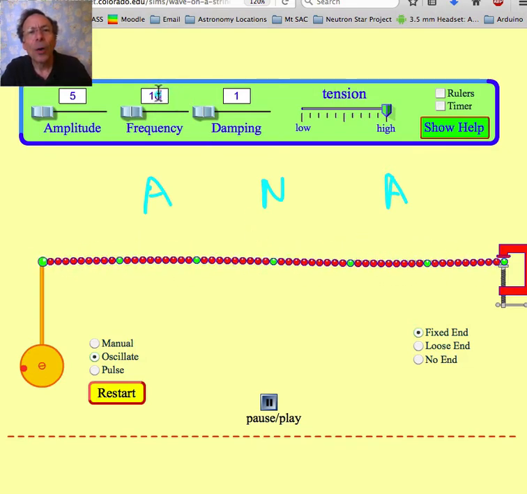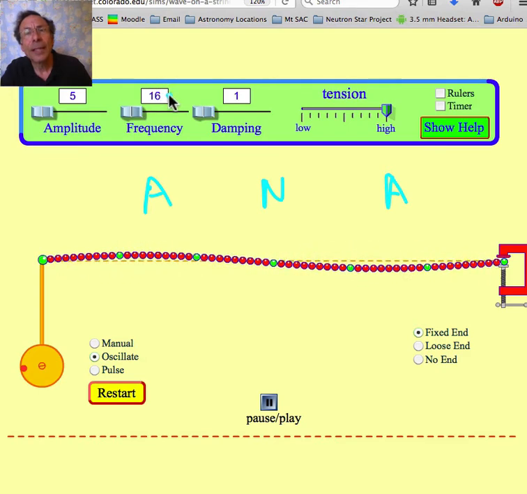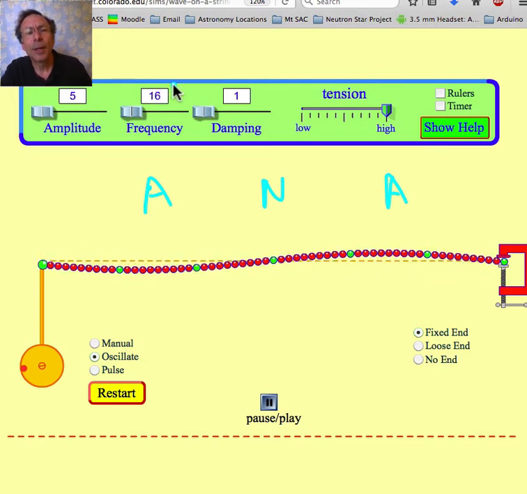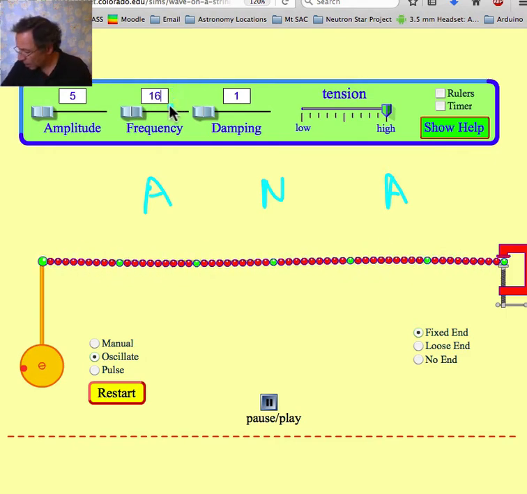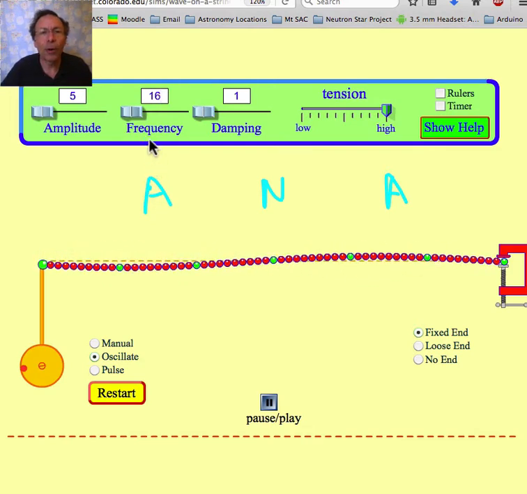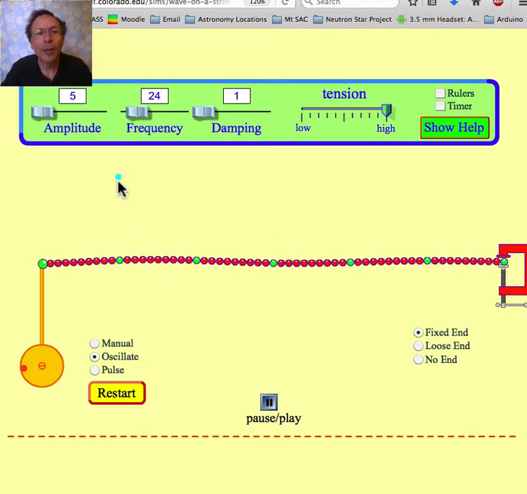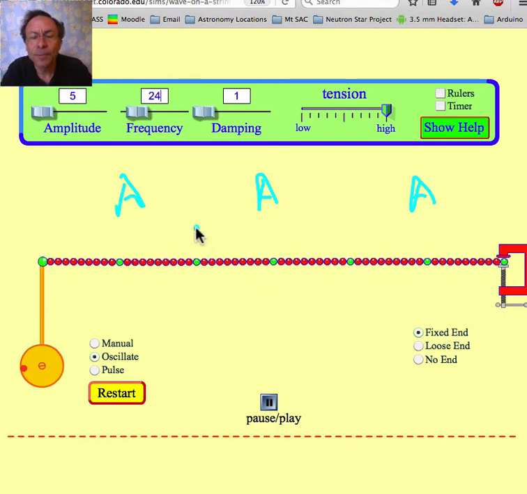Okay. What if I were to go 8 plus 8 again, let's see, so that was 16, plus 8 again. That would take us to 24. Now we have 1, 2, 3 antinodes.